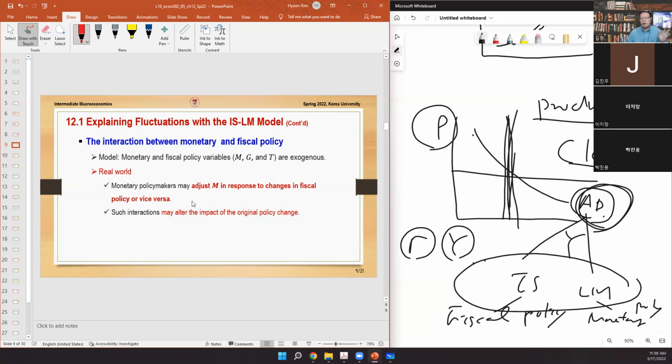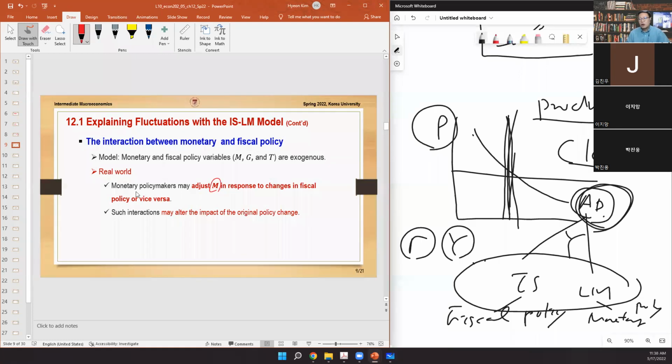A simple idea is, okay, from now on we'll raise the nominal interest rate or real interest rate by some percentage point. But actually in reality, usually the Bank of Korea would like to achieve some target interest rate by controlling or adjusting money supply. That's why we can still reconcile these two different approaches together.